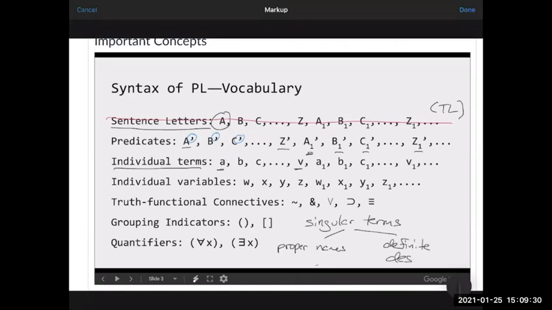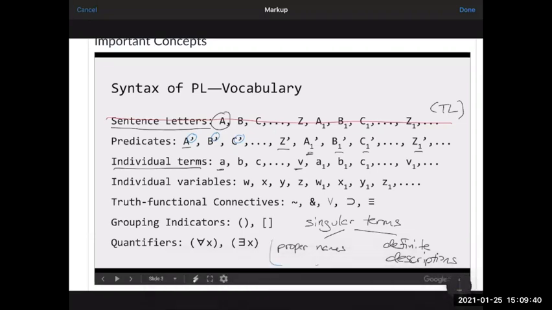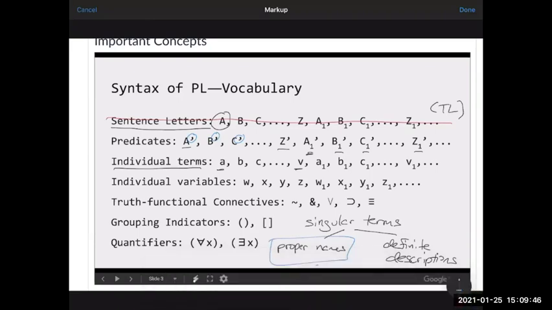Now, let's just say that I'm speaking about Diego Rivera, the artist who was married to Frida Kahlo. That's a proper name, right? So that's definitely in this camp right here. Or let's just say that I'm talking about Margaret Thatcher's first husband, whatever. That's a definite description. I don't even know the guy's name. The best I can possibly say is, oh yeah, Margaret Thatcher's first husband.